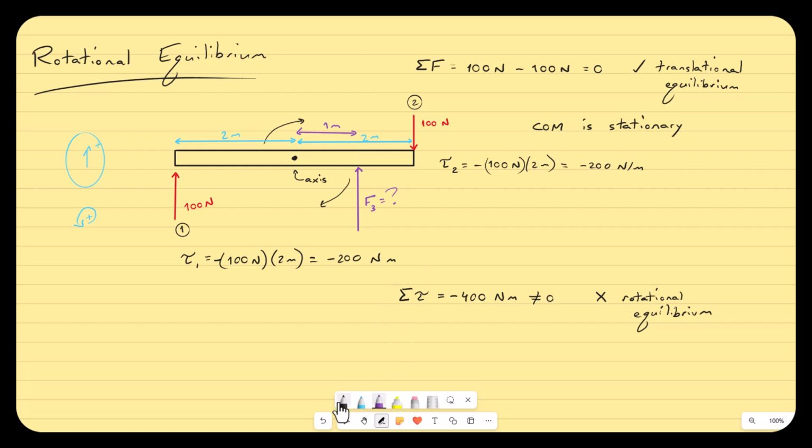So the torque produced by force 3 is going to be F3, because it's already perpendicular, times 1 meter, because it's 1 meter from the axis. If force 3 is the only force acting, that causes my bar to rotate in the counterclockwise direction. So this is a positive torque.